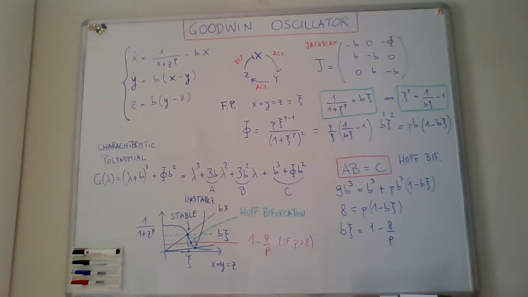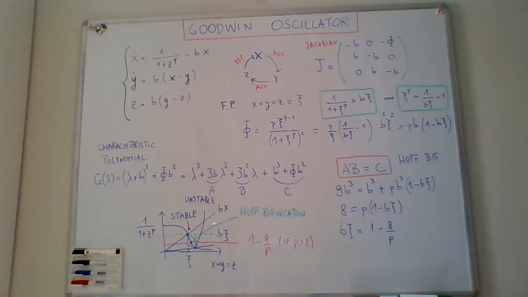If I take a smaller b, this point is shifted here. So the Hopf bifurcation is precisely when this dotted line b times xi, which I can change by moving it down, by reducing b, is hitting and crossing this red line. This is the Hopf bifurcation. This is the graphical representation of this equation, when b times xi is hitting that line.